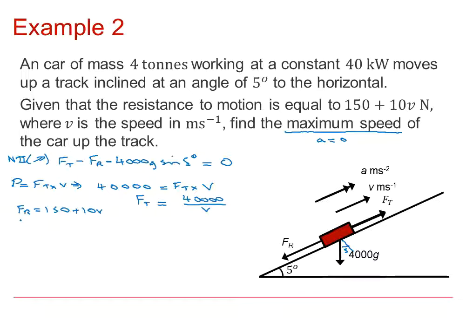So we have the resistive force, we have the tractive force. So now when we revisit equation 1, we've got Ft, which is 40,000 over V. We've got a negative Fr, which is 150 plus 10V.